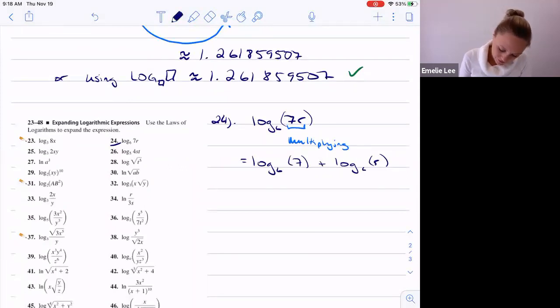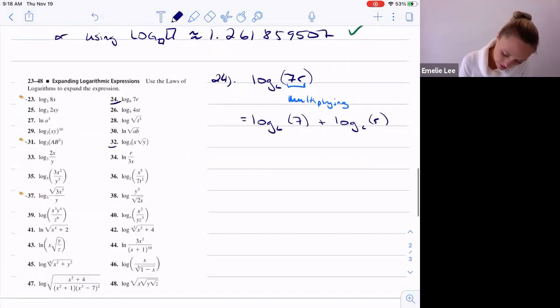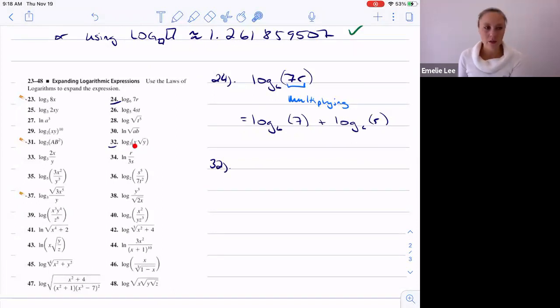So now let's do 32. Sometimes we have to do a little bit of work, right? So we've got log base 3 of x root y. Root y, right, is really y to the 1/2. So sometimes we have to do a little bit of massaging to get it to look like something we can work with.